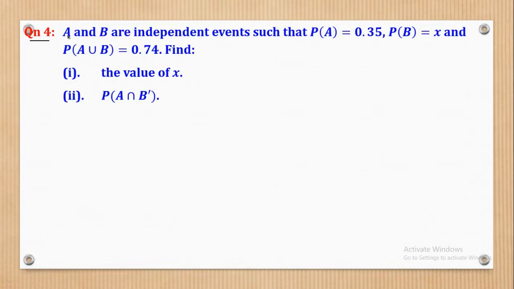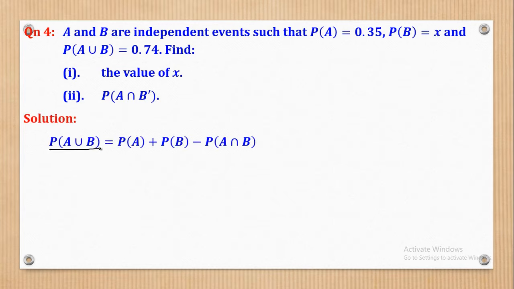Then question 4 says A and B are independent events such that probability of A is 0.35, probability of B is X, and probability of A union B is 0.74. Find Roman 1 the value of X, and Roman 2 probability of A intersection B complement.